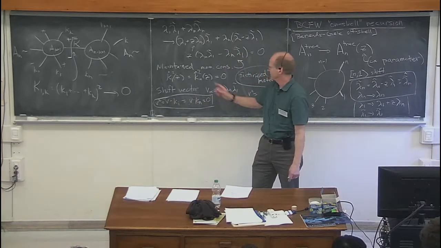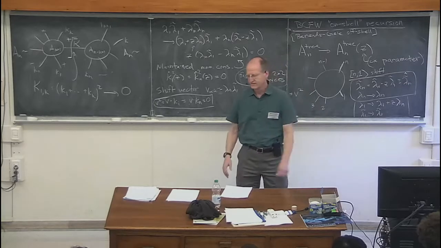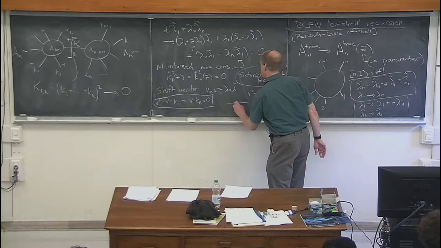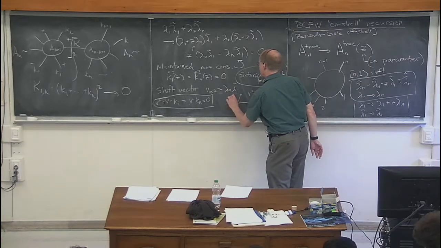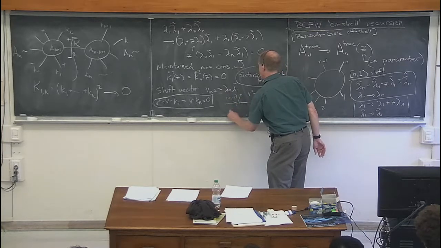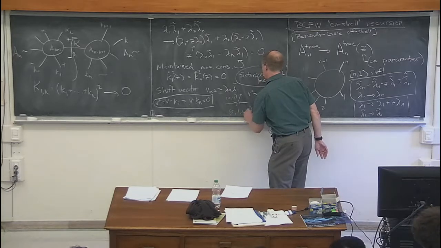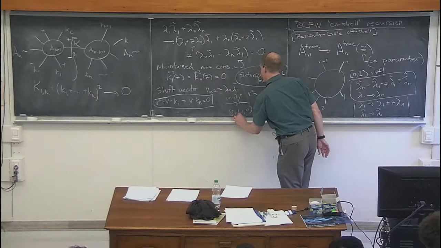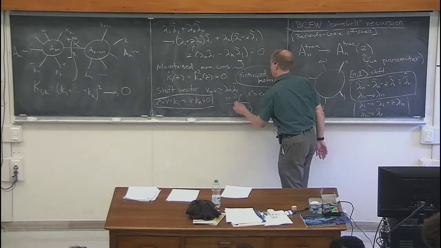So this shift vector has to be complex. If they were coming in like this, and this is the x and y direction perpendicular, it would be some vector like 0, 1, i, 0, if this is time, x, y, z.